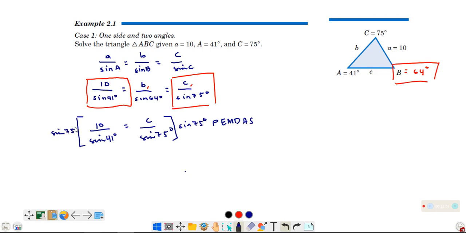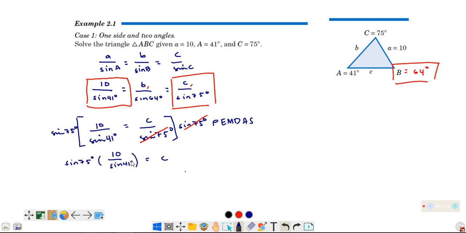And we know that sin 75 over sin 75 is 1. So, tanggal na siya. May iwan na lang si C sa right side. We have here sin 75 multiplied by 10 over sin 41 is equal to C. Siyempre, nakadegree sila.